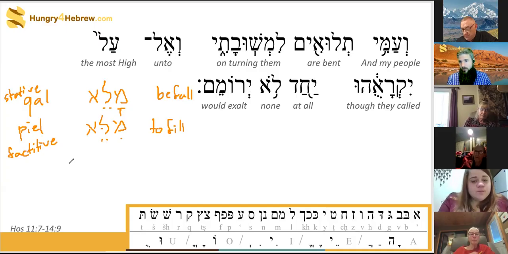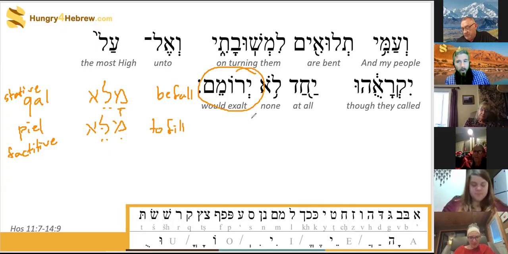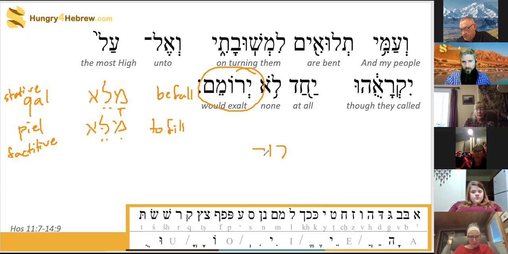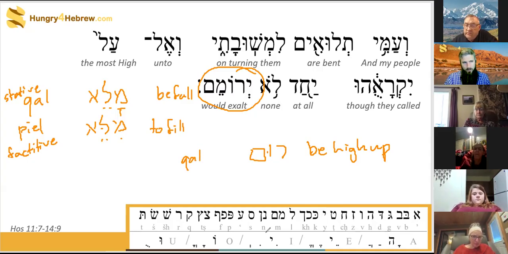Kal stative. Okay. Then does polel do the same thing? Sure, why not? Rum is talking about something being high up. Right? That's your kal stative. Well, I don't know if I can call it a state of being verb.